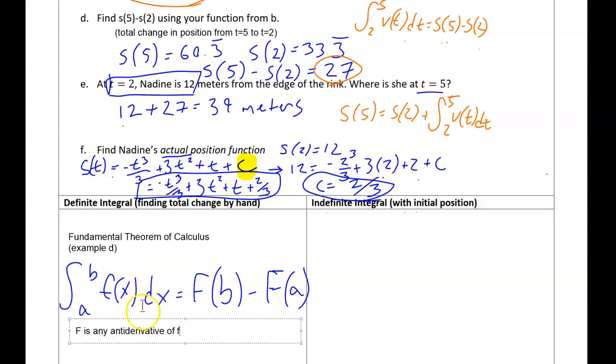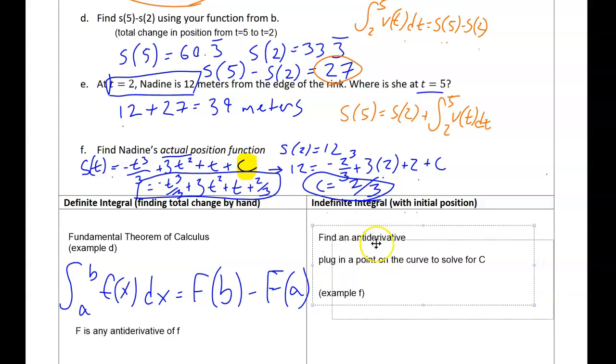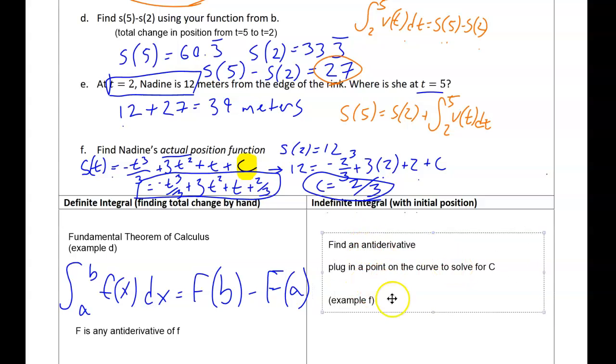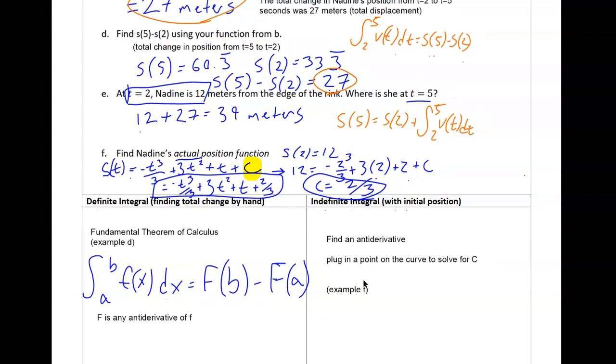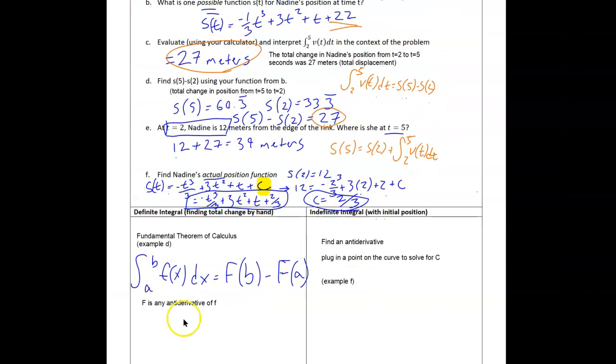So to do a definite integral, find an antiderivative and then plug in the bounds and subtract them is what this is saying. And then my indefinite integral is what we did in example F. And that one I think was a little bit easier, right? We just found an antiderivative and we used a point to solve for c. Okay? So now you're equipped to answer tons of questions about integrals that you weren't before.